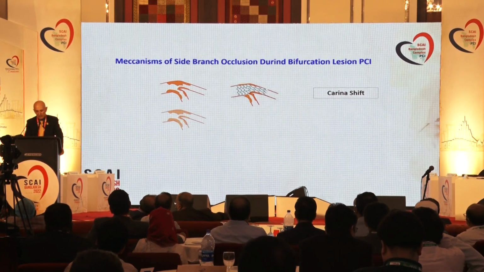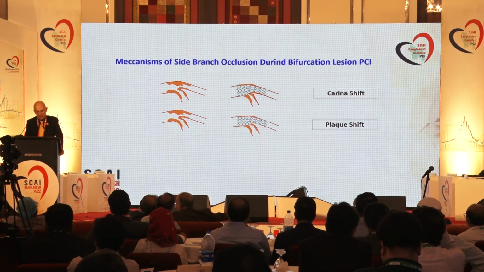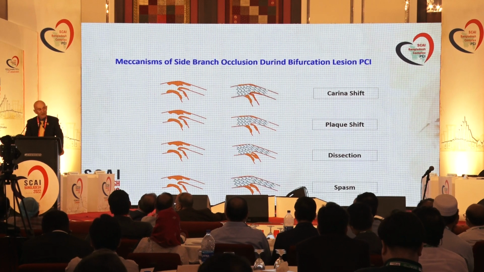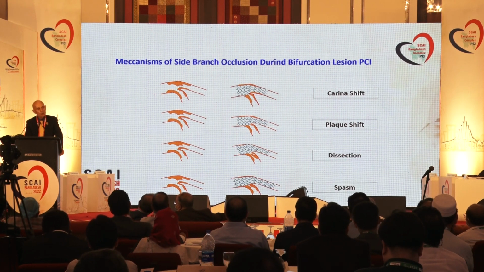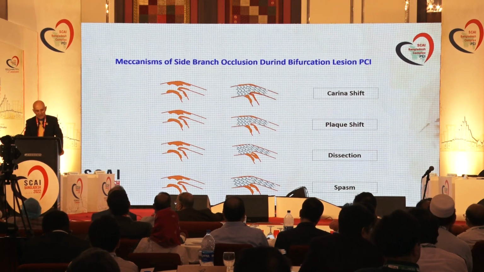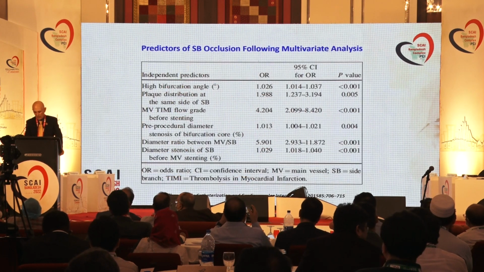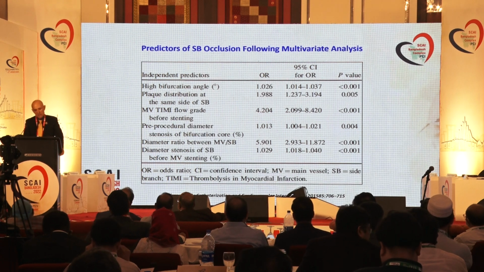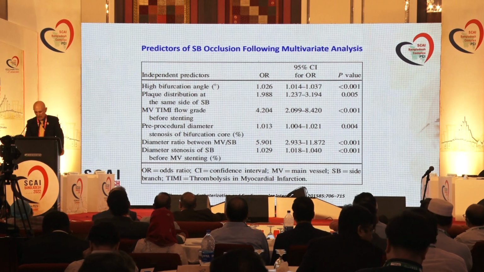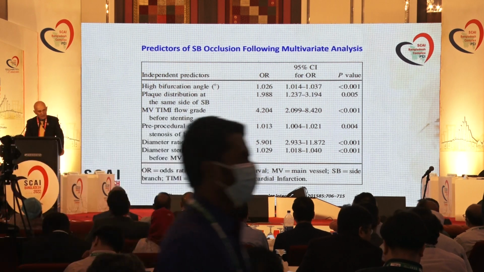Might be carina shifting, might be plaque shifting, might be dissection, and might be also thrombus. So according to what happened, you should understand what is going on in order to decide how to bail out your side branch.